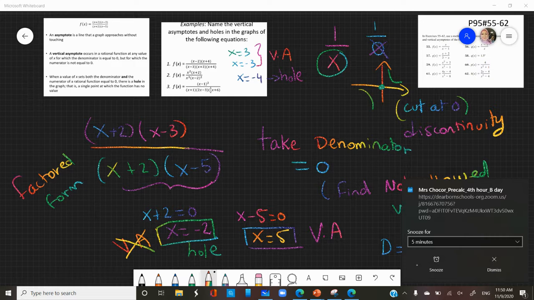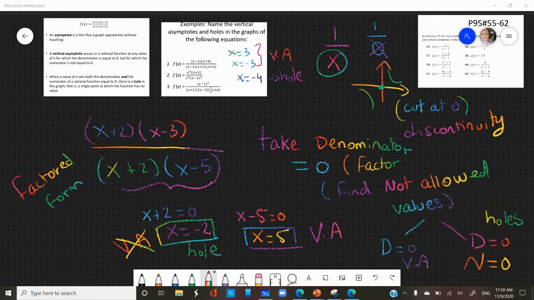This is the little trick, but only if you have your numerator and denominator in factored form. So keep in mind, when you want to find your vertical asymptote, you set your denominator equal to 0, and you factor the numerator and denominator if needed.